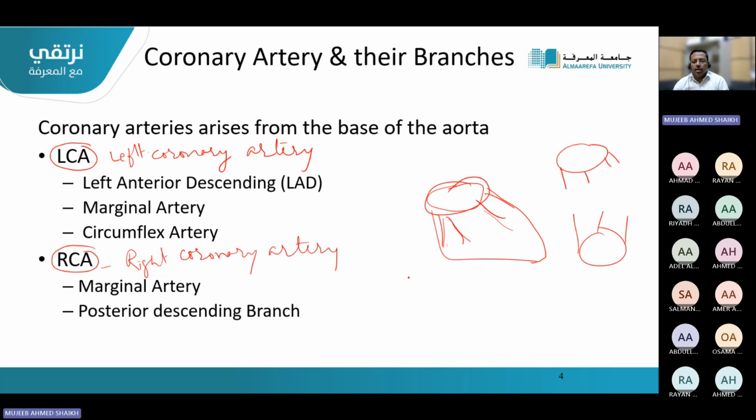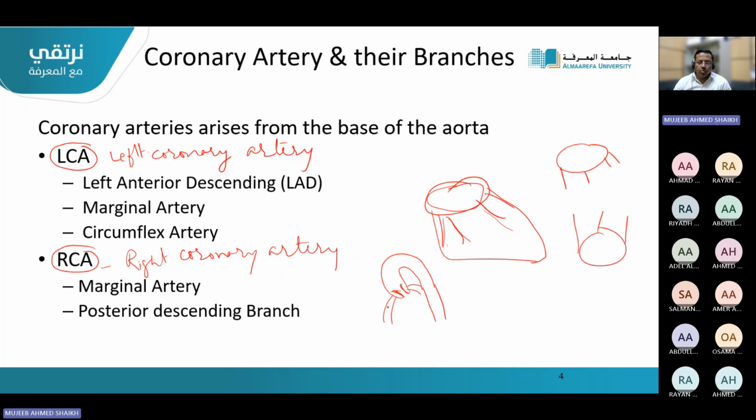From where are they coming? If you remember how the aorta starts from the left ventricle, with the sinus, and then it goes down. Let me erase some part of it. So this is what I am making now, the aortic valve. This is an open aortic valve, and the coronary arteries are coming from here, from the right side and from the left side.